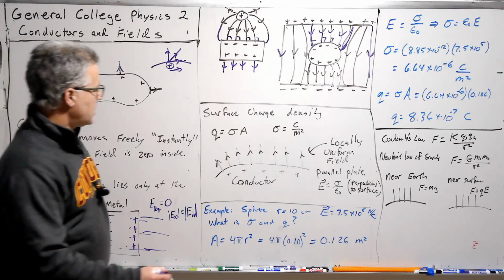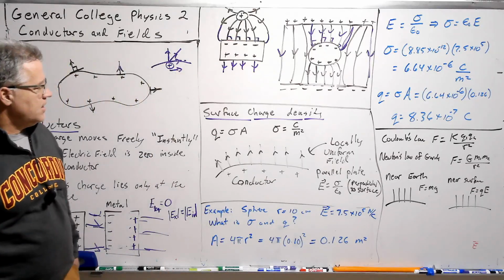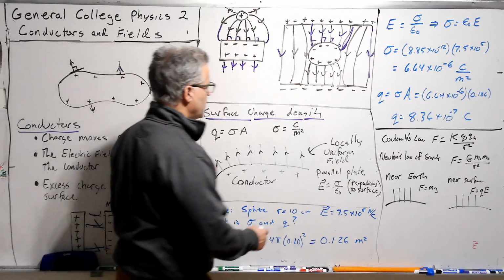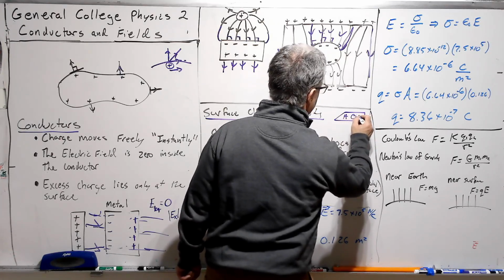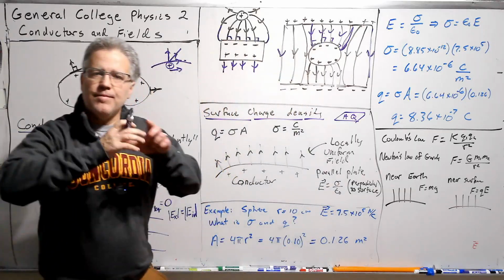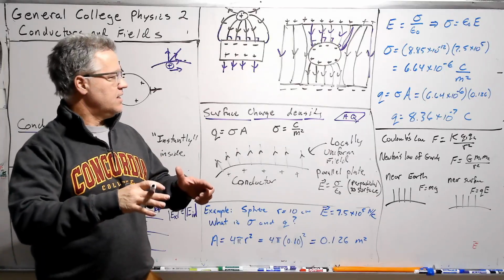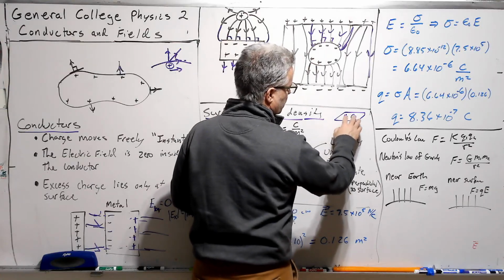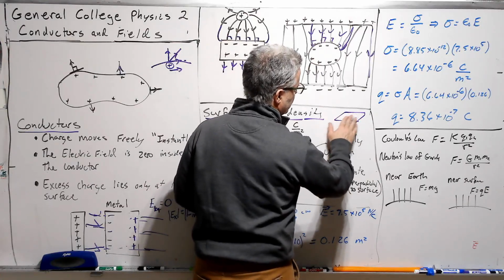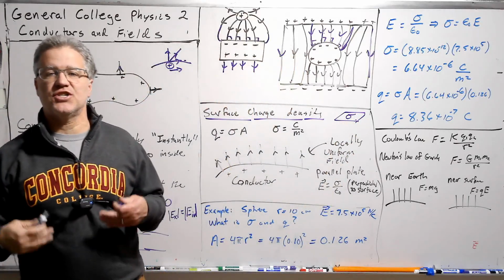Okay, well, let's talk about an important quantity called the surface charge density. And when we talked about the parallel plate capacitor, we had this area and this Q, right? If we imagine this being very large compared to wherever we're looking, what's better to talk about is how much charge per unit area. And so we often talk about this parallel plate as having a particular surface charge density.